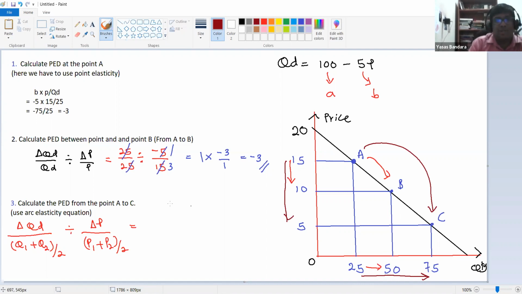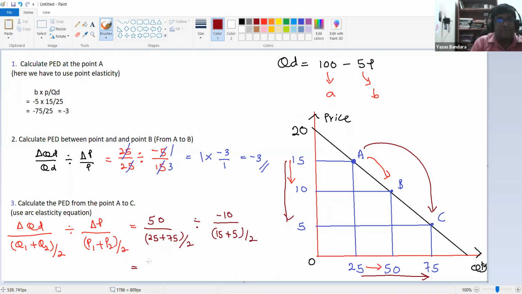So shall we substitute? Change in quantity is 50, 25 to 75, 50. First quantity 25, second quantity 75, but you have to divide by 2. Divided by change in the price 15 to 5, that is minus 10. First price is 15, second price is 5. You'll have to divide by 2.